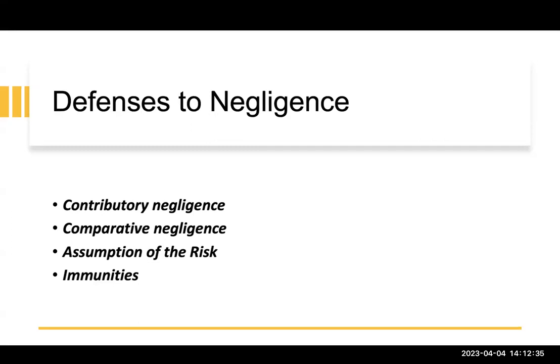If they're 49% negligent, they do have a claim, but their damages are going to be offset to the extent that they're at fault. Assumption of the risk means exactly what it says, that the plaintiff engaged in some kind of conduct whereby they assumed the risk of damages.